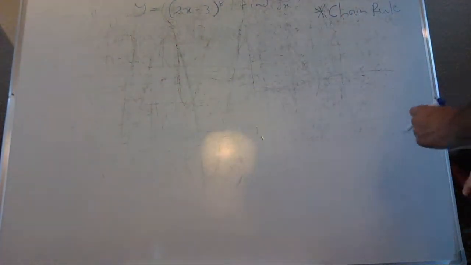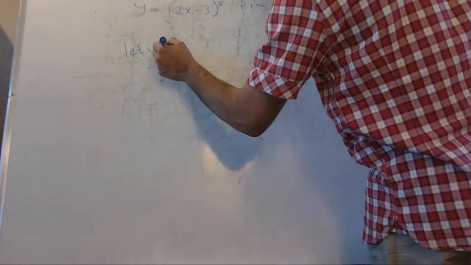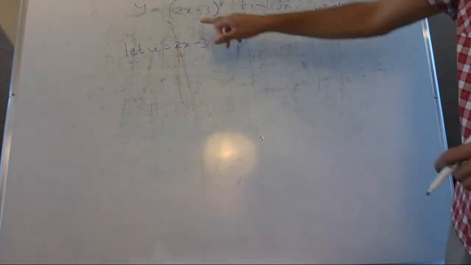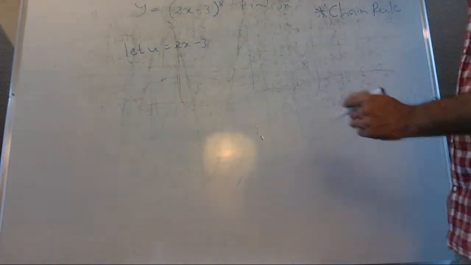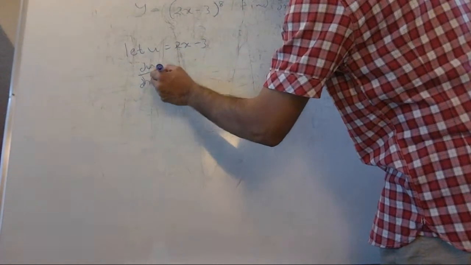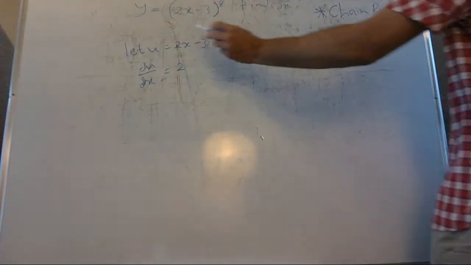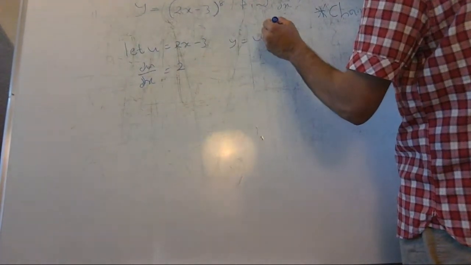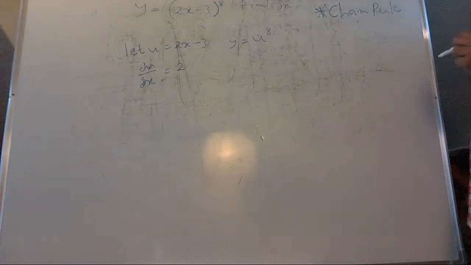So what I'm going to do is let u equal 2x minus 3. That's the inside function if you look at it. Okay, so I'm going to let u equal that. So du dx equals 2. Now if u equals 2x minus 3, then y equals u to the 8, because instead of 2x minus 3 I can write u in there.